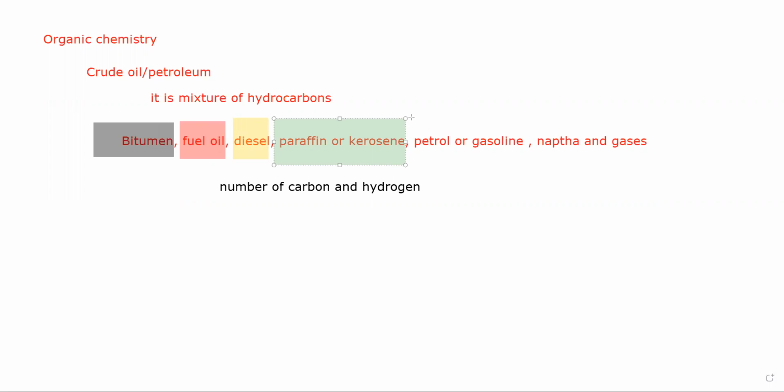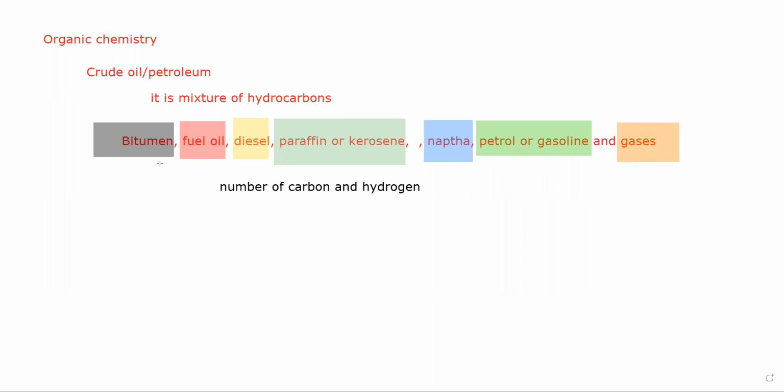Petrol, naphtha, petrol or gasoline, and the refinery gases, as we also call them, all have different numbers of carbon atoms.